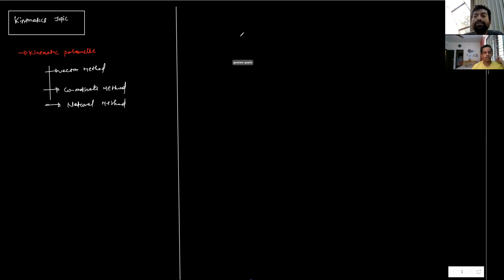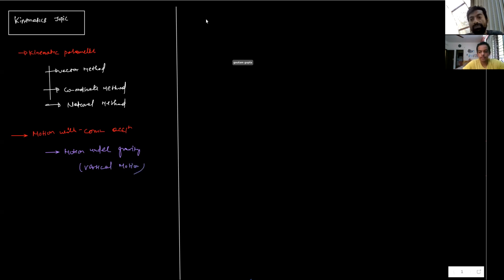Then we did the special case of kinematics parameter, that is motion with constant acceleration. One special case of motion with constant acceleration was projectile motion. First we did motion under gravity, basically when there is only vertical motion.